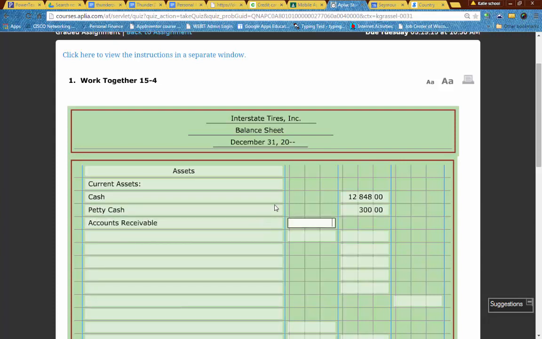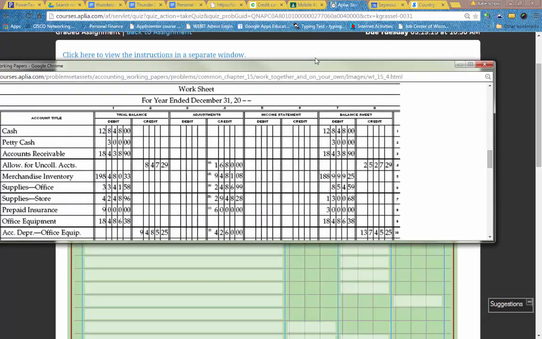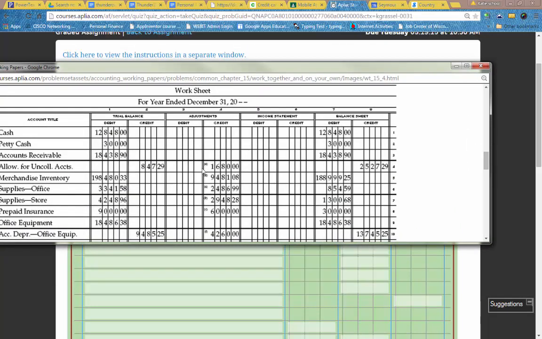I have accounts receivable. That number goes on the right-hand side because directly below accounts receivable, I have an account that has a credit balance, and that is a contra account to its account that takes away from its original value, and that's allowance for uncollectible accounts. Those are the naughty people that aren't going to pay. So I'm saying that I have accounts receivable of $18,000, but I'm estimating I'm going to have $2,527.29 that are going to be uncollectible.